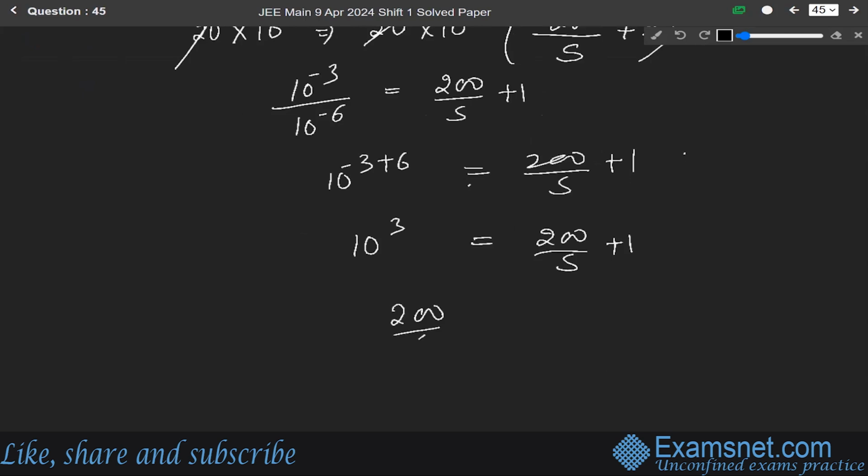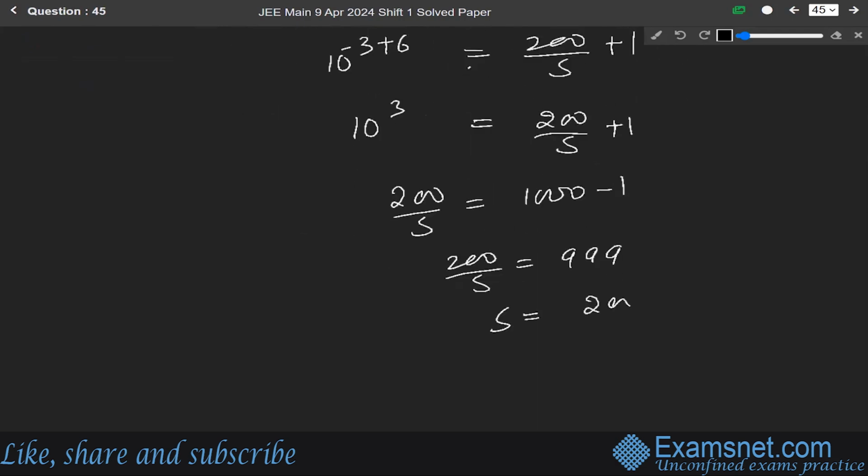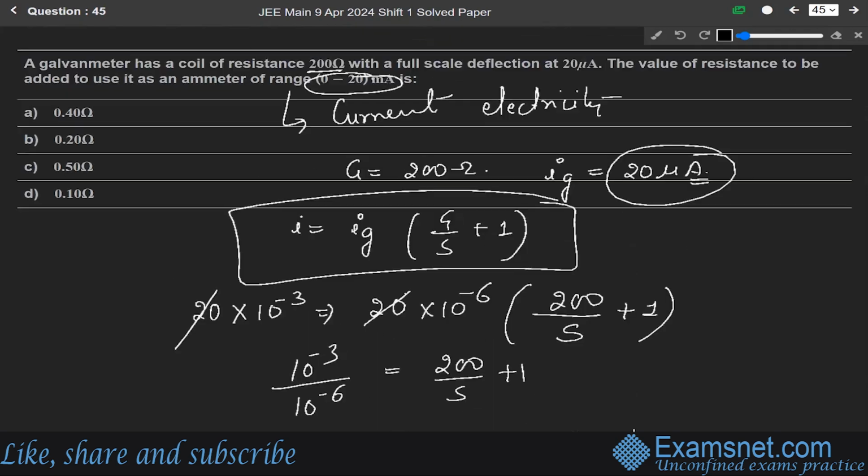So 200 over S will be 1000 minus 1, which is 999. So S will be equal to 200 over 999, approximately 0.2 ohm. So the resistance is 0.2 ohm, which means option B is the correct answer.